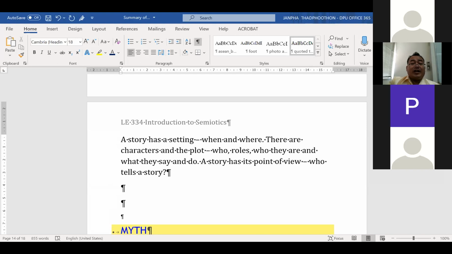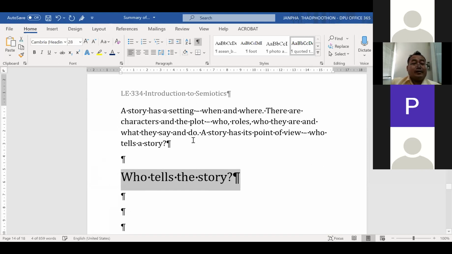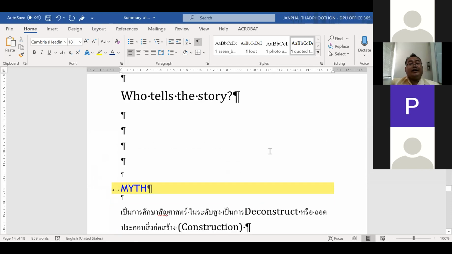This is also very important: who tells the story. This is really important. Can you see the screen? Who tells the story? Who is telling the story?